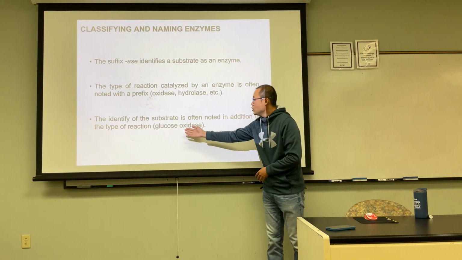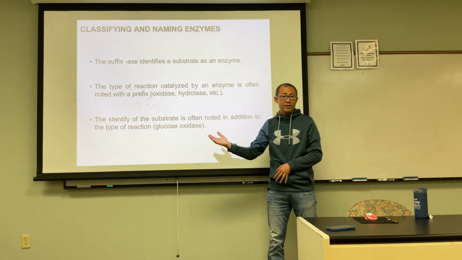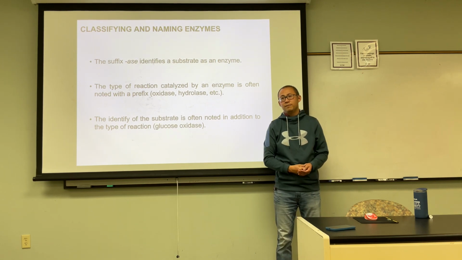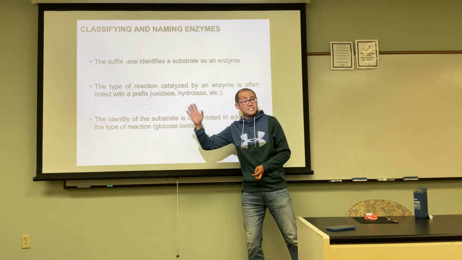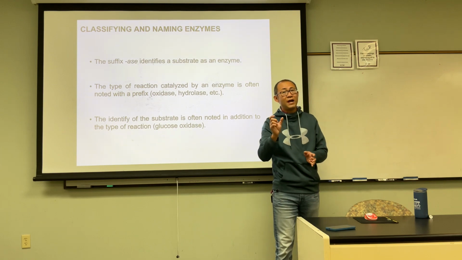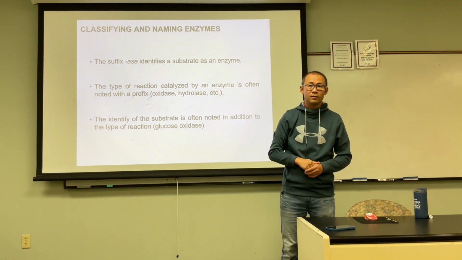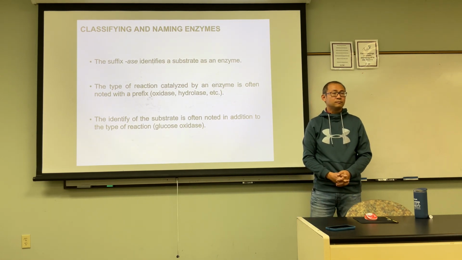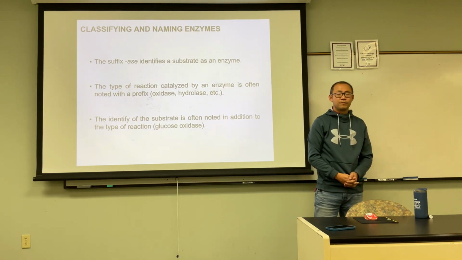For example, glucose oxidase means what? The enzyme oxidizes glucose. That means glucose is the reactant, and we call that reactant the substrate. We'll mention that name a lot in the future. Does it make sense?